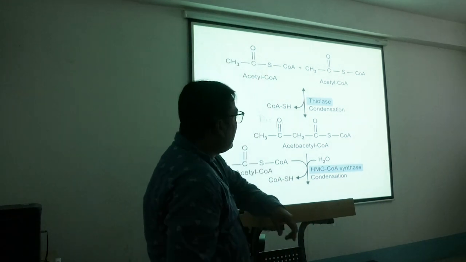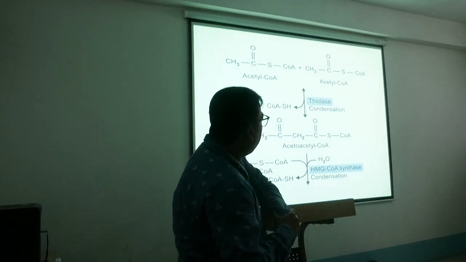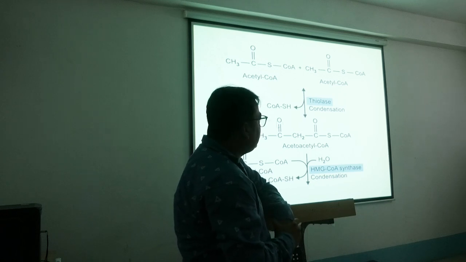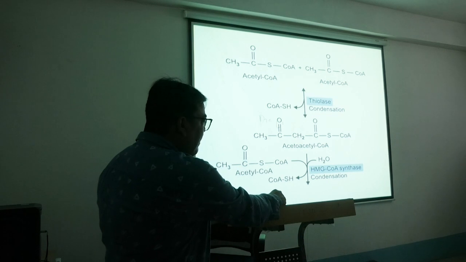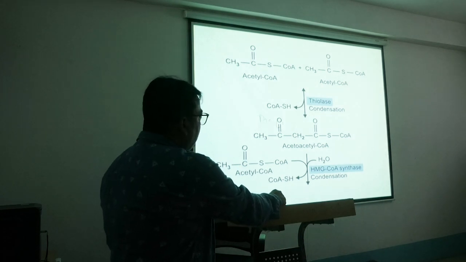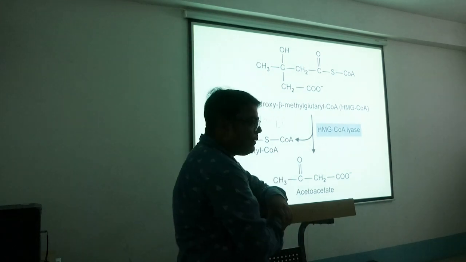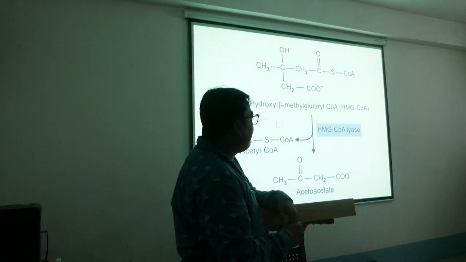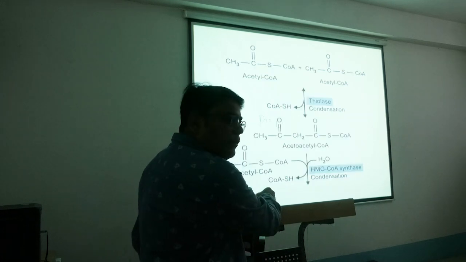Acetyl-CoA, two acetyl-CoA forming a molecule of acetoacetyl-CoA by the activity of thiolase. In the next step, HMG-CoA synthase forms beta hydroxy beta methylglutaryl-CoA, HMG-CoA. Again, this is the rate limiting step of this metabolic pathway, HMG-CoA synthase.